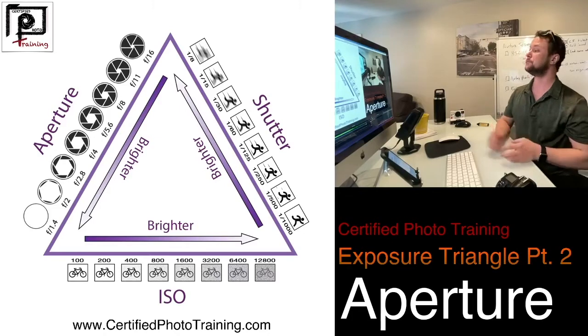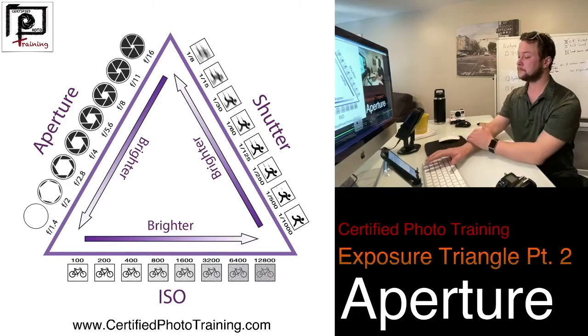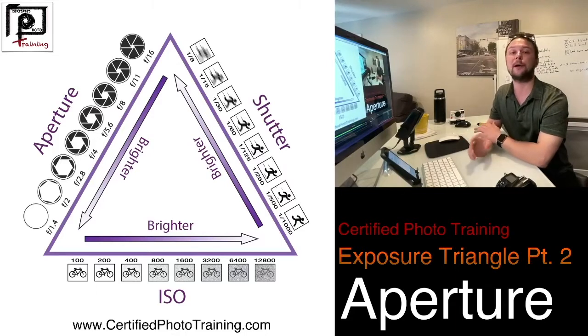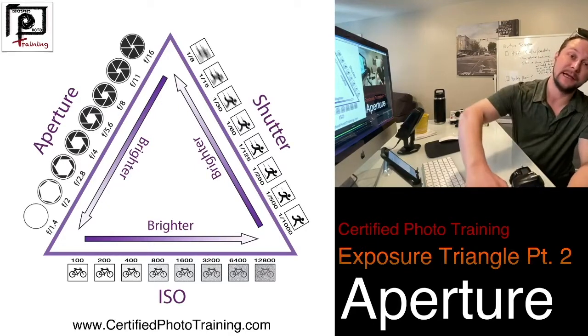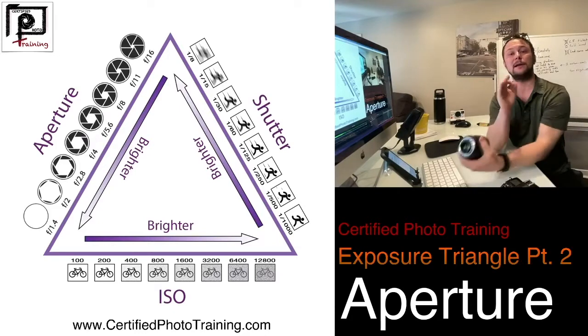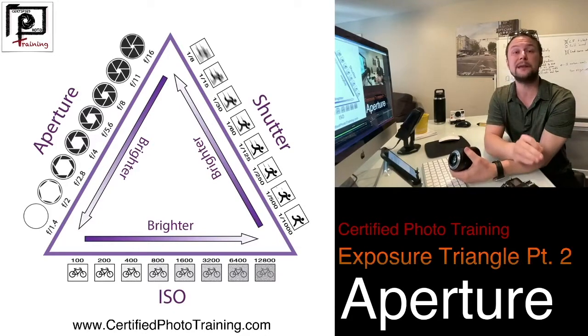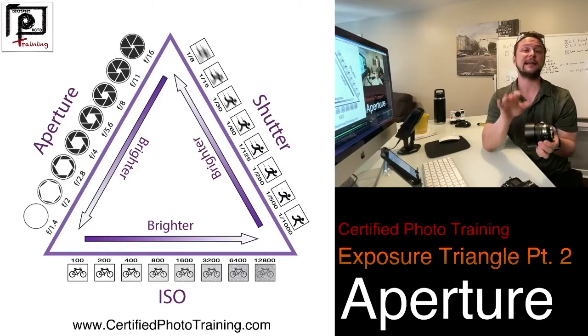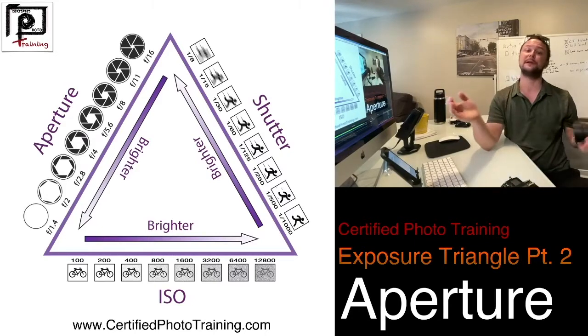Okay, I want you to make this analogy: the aperture of your lens is used for the exact same reason and purpose as the pupil of your eyeball, okay? So what does that mean?